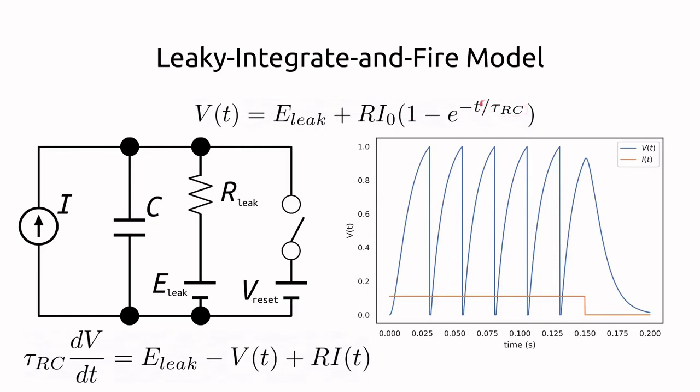And this is where the tau controls the steepness, or how quickly the capacitor can charge. And we can see that in the case that t equals 0, this e will be evaluated at 1, and so this quantity will be 0. And as t goes to infinity, this term tends to 0, and so this term asymptotes at 1.